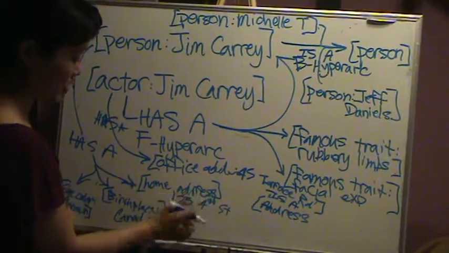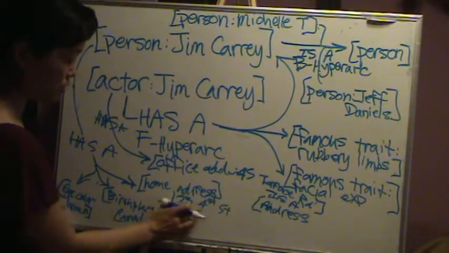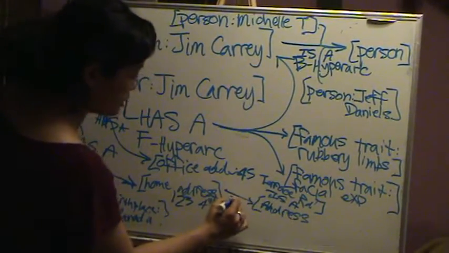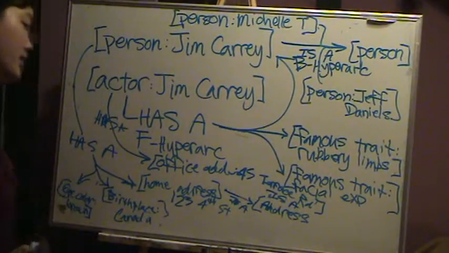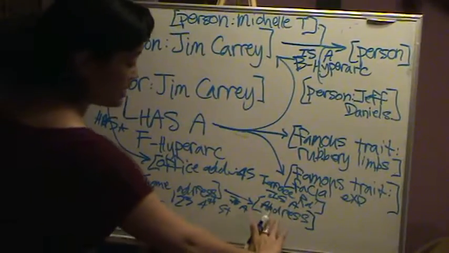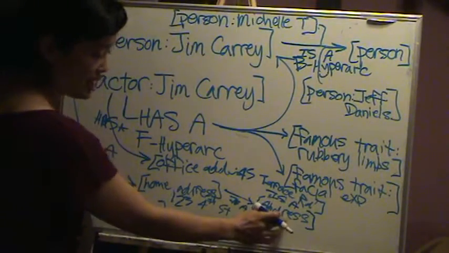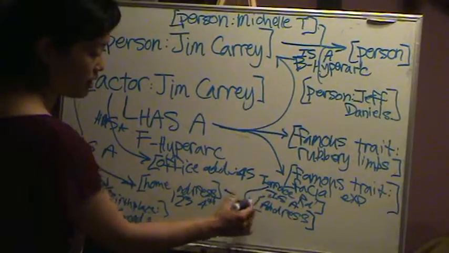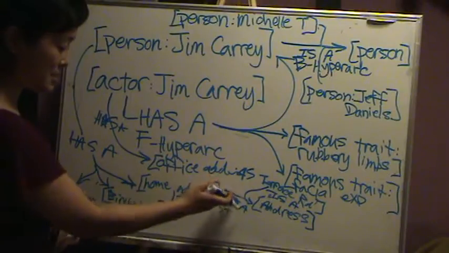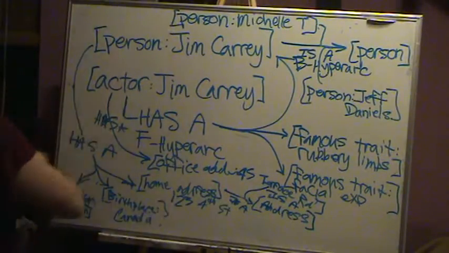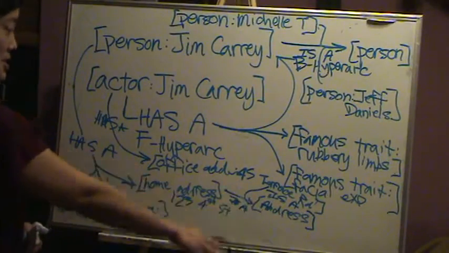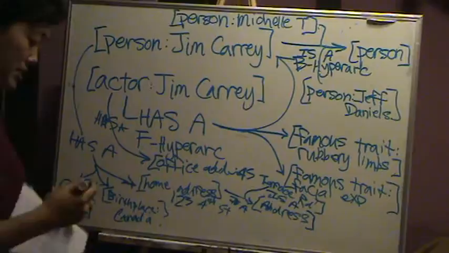Same as home address: home address 123 4th Street is a home address, which is a address. So by getting to this node, we can see that instances of it are office address and home address, and then we can see that an instance of home address is Jim Carrey's home address, or if we're looking at office addresses, an instance of it is the actor's office address.